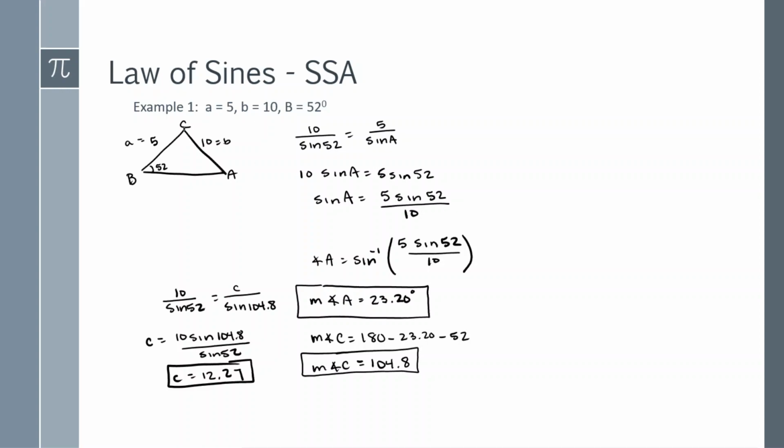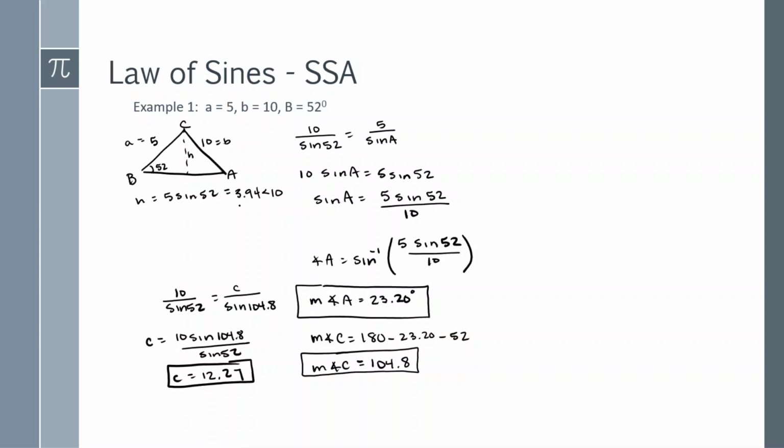So if I had gone back and found that height, the height is going to be 5 times the sine of 52. I get 3.94, which is less than 10, so I know I have a solution. It's also not equal to 10, so I know it's not a right triangle.